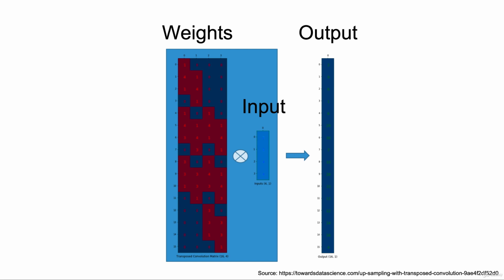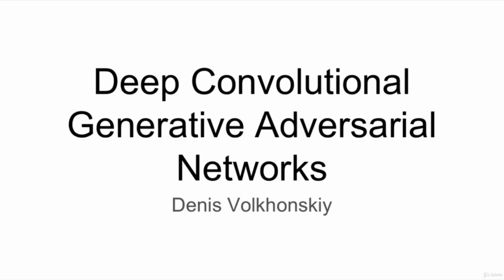So you see, we just transpose the convolution, and this is how we can increase the size of the input image. And this is what people usually call transposed convolution. These layers are usually used in generative adversarial networks when working with images. Thank you, see you in the next video.